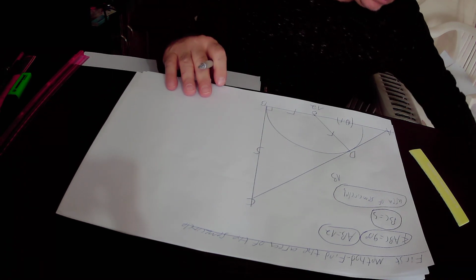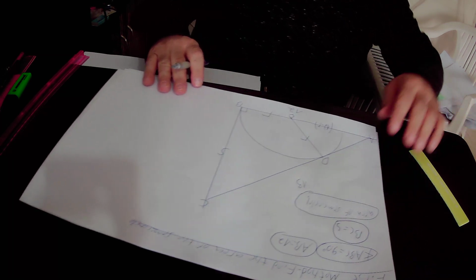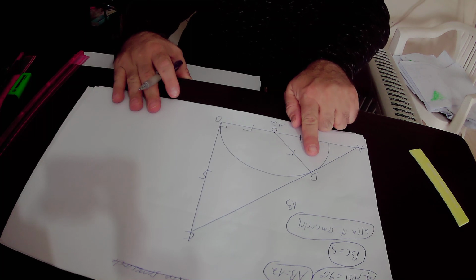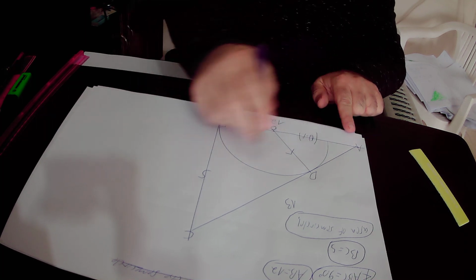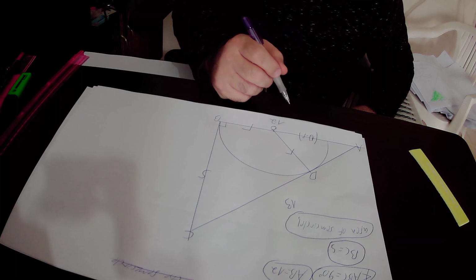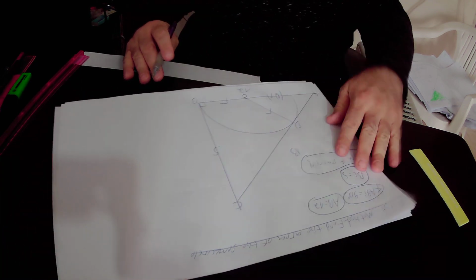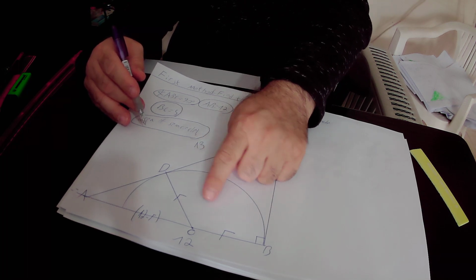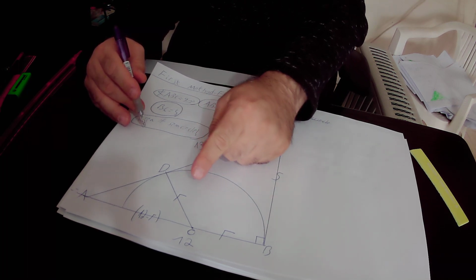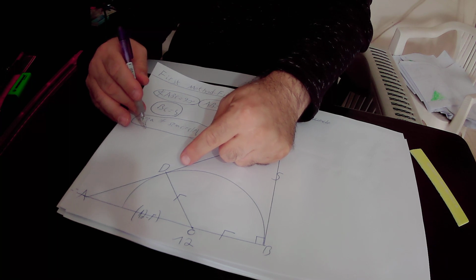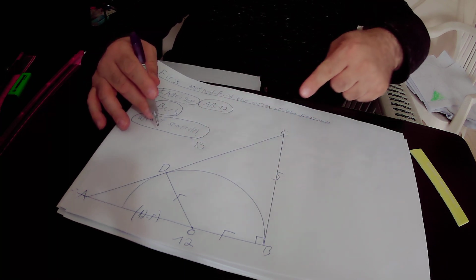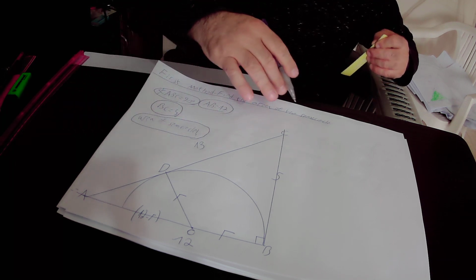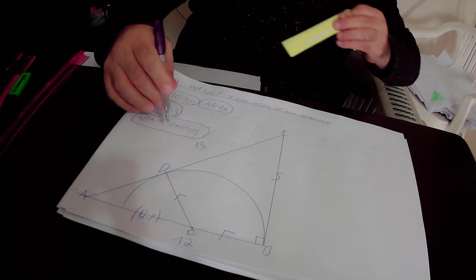Okay, so we can implement rule number 1 in our drawing, because in our drawing we have point D. Point D is the point of tangency of tangent AC with this semicircle, and the radius OD is drawn to the point of tangency. That is to say, it is drawn to point D. Therefore, according to rule number 1, the tangent AC will be perpendicular to this radius.